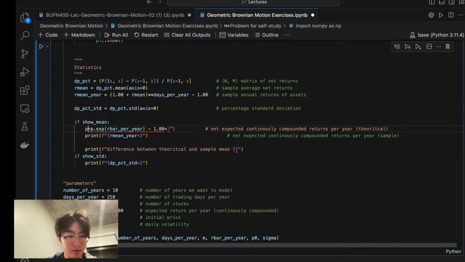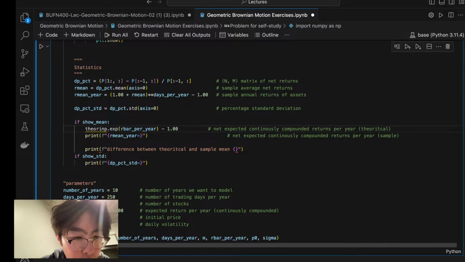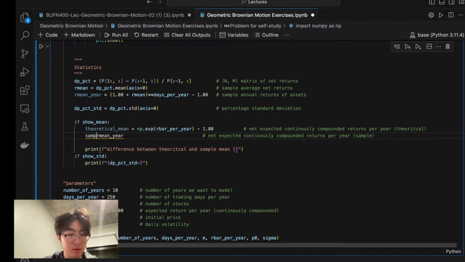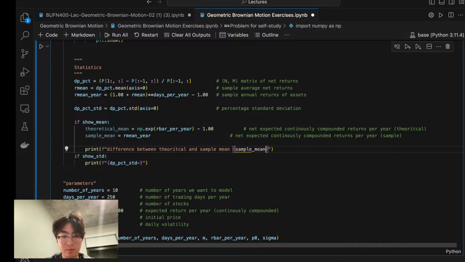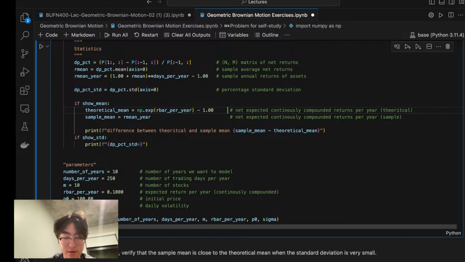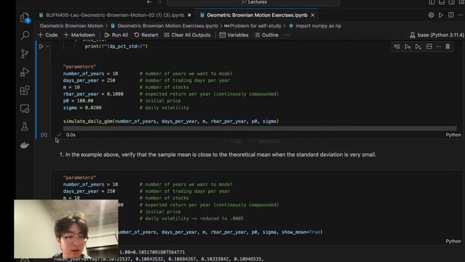Okay. Instead of printing this out, maybe I'll just have theoretical mean, and then sample mean is equal to, call this sample mean minus theoretical mean. So this will hopefully take into account the effects of broadcasting with NumPy and the array. All right.